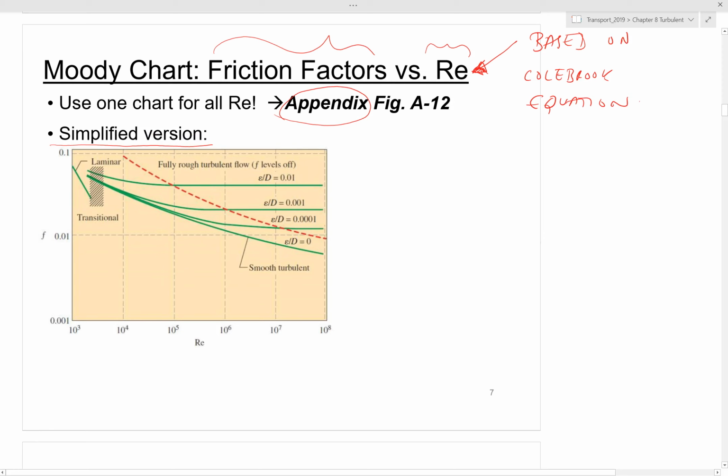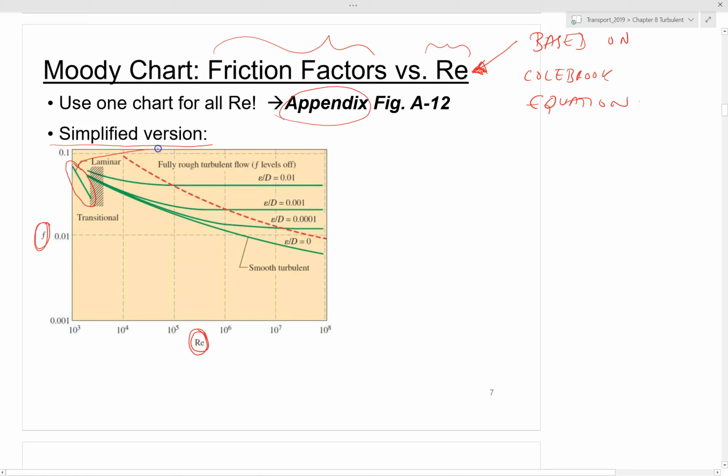What you need to really know is, as a function of Reynolds number, how does your friction factor change? So the chart basically has a number of lines which let you predict the friction factor as a function of Reynolds number. Initially, when you start out, there is a linear dependency between F and Re.